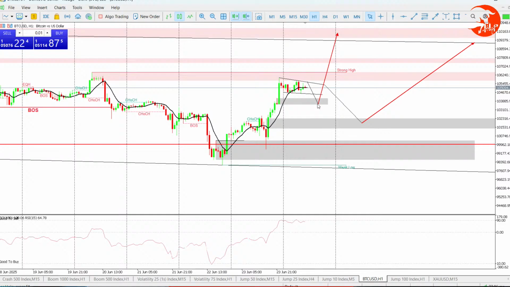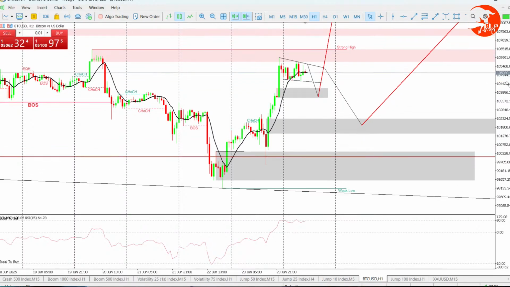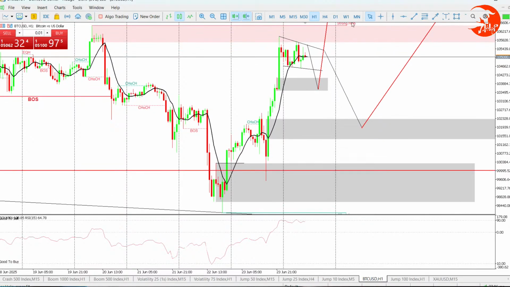So it may react to this, it may not, but we are having a strong high there, which you can take as a strong support or resistance area, meaning price must react back. It cannot just break it, it must react back before it breaks that level. And we have only two levels where price can react back to.